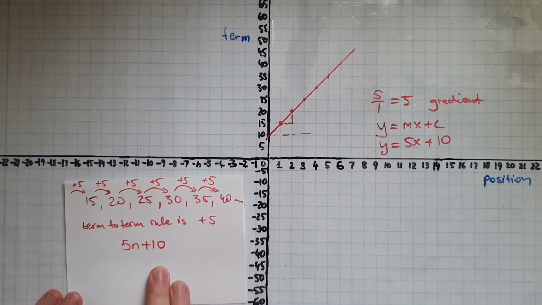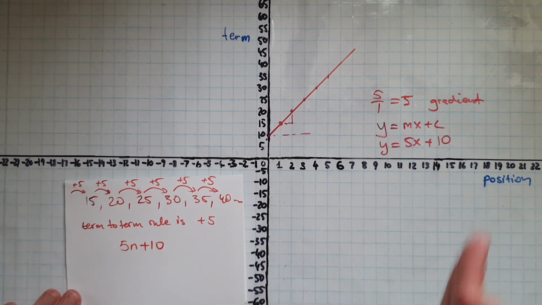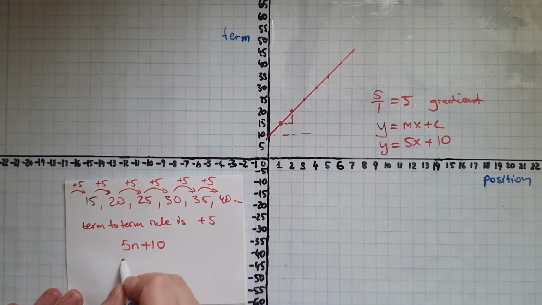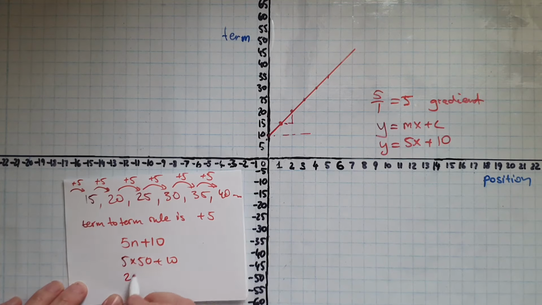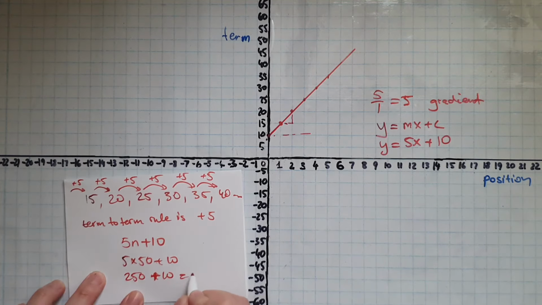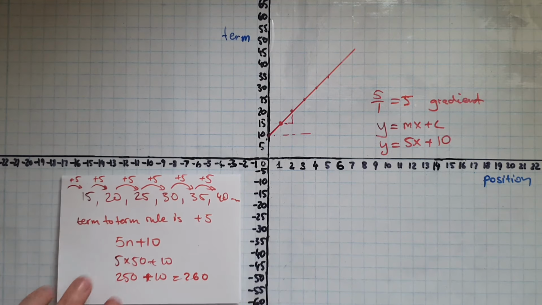Which means with this one, I can work out any term as long as I've got its position. So if I want to find the 50th term, I'll go 5 times 50 plus 10. 5 times 50 is 250. Add 10 gives me 260.